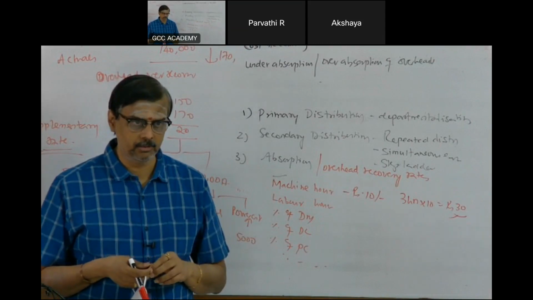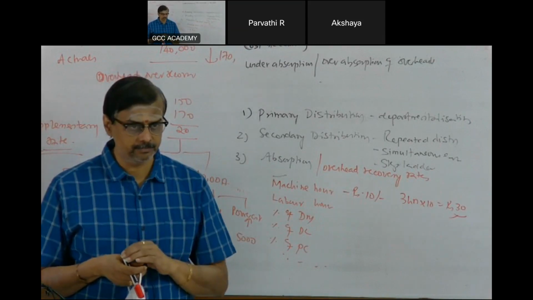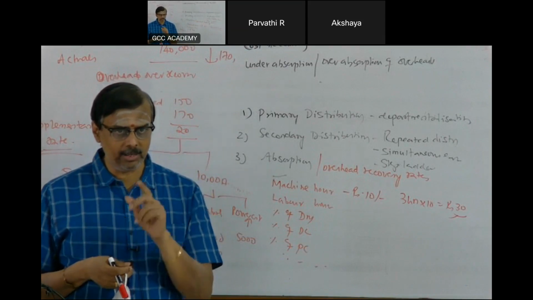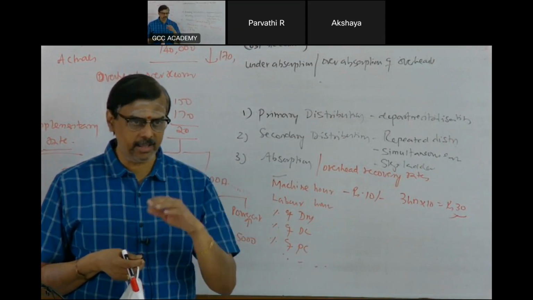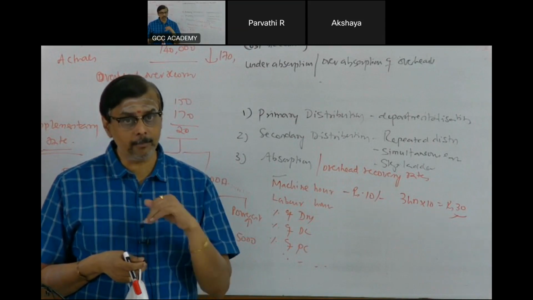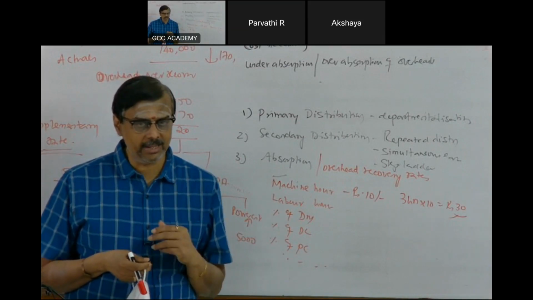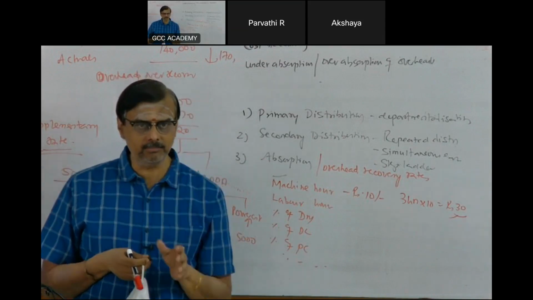Nobody will tell them. I told you, apportionment is distribution. I told you the best example: one electric meter for ground floor and first floor, distribute based on area or whatever. That is called apportionment. And what is allocation? Separate meter, that's allocation.